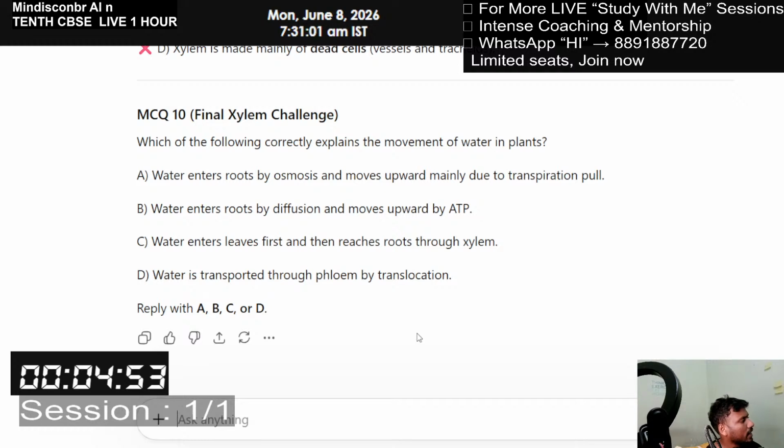So the correct answer: water enters roots by osmosis and moves upward due to transpiration pull.